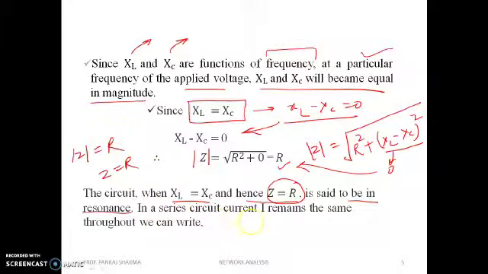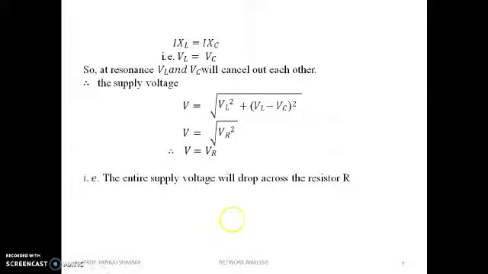In a series circuit, current I remains the same throughout. Of course, we know that in series circuit, current remains same throughout the series elements connected. Since at resonance frequency XL is equal to XC, multiply both sides by current.